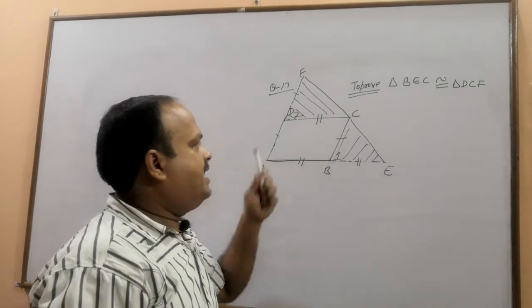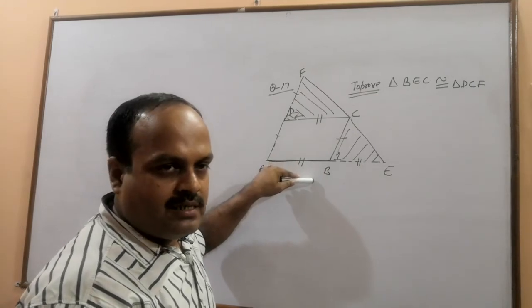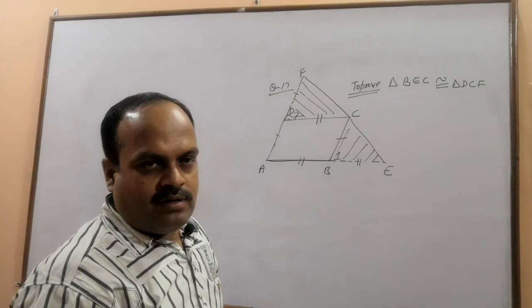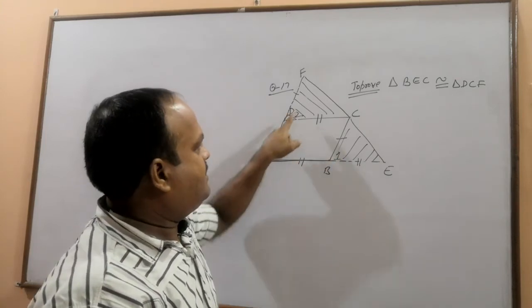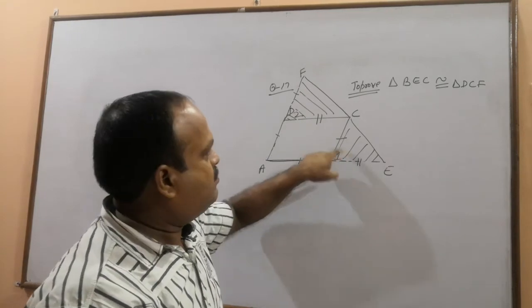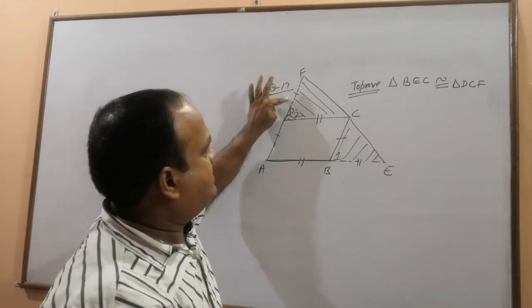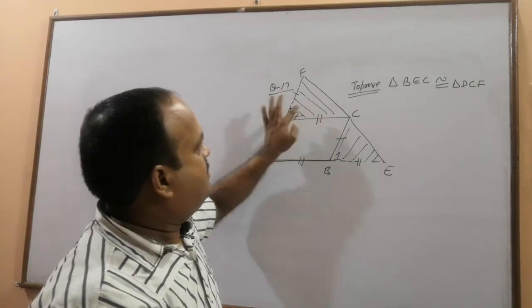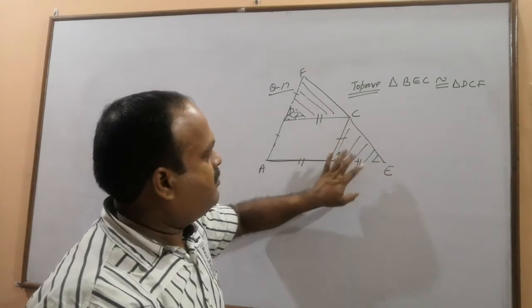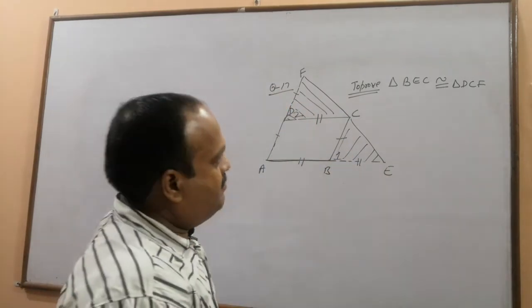So 1 equal to A, these are also the parallel sides, so this angle 2 is also equal to angle A. तो ये इसके बराबर, ये इसके बराबर, तो ये दोनों इसके बराबर, it means both are equal. तो अब आपको तीन चीज़ें मिल गई, this side equal to this side, this angle is equal to this angle, this side is equal to this side, therefore by SAS the triangles are congruent, correct?